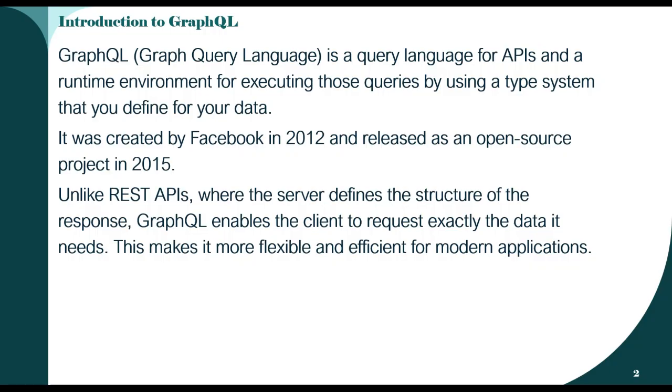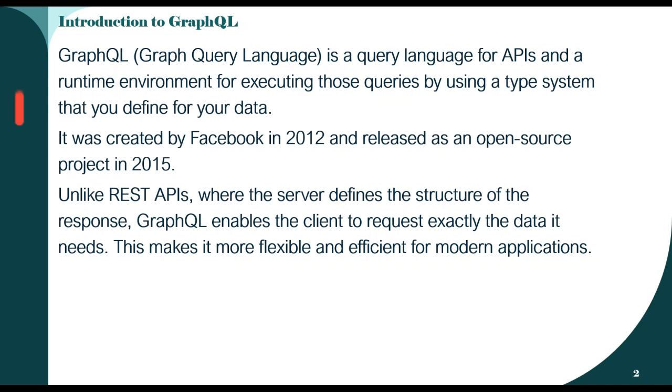Now to the history about it, it was created by Facebook, and then it was open sourced in 2015. Unlike a REST API, the server where the GraphQL server is up defines the structure of the response. What GraphQL does is that the client sends a request and gets exactly the data it needs.